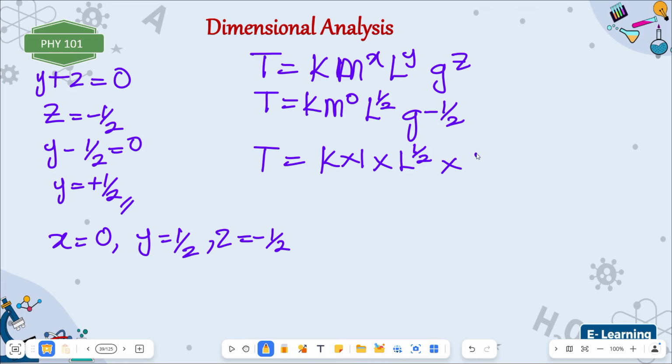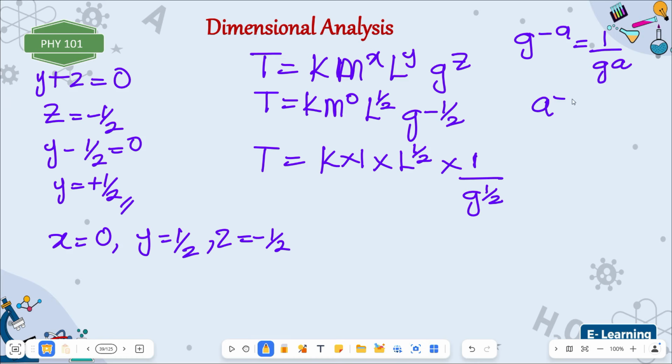Anything to the power of minus half, you can still write it as 1 all over g raised to the power of half. Anything minus, you can put it as a fraction. So if I have g raised to the power minus a, I can write it as 1 all over g raised to the power of a. Anything minus, you can put it as 1 all over that thing except the negative sign. Teaching you something now.